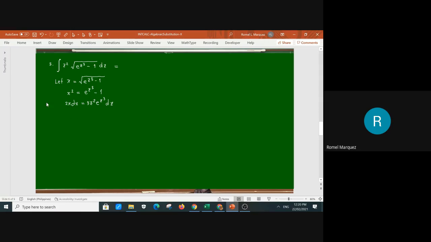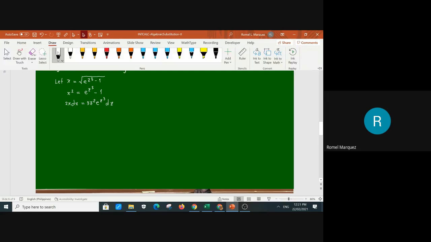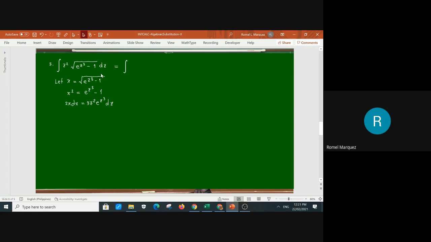So this integral, in terms of x, becomes what? So z squared is equal to, together with the dz, z squared dz. So let's solve for z squared dz from this relation.